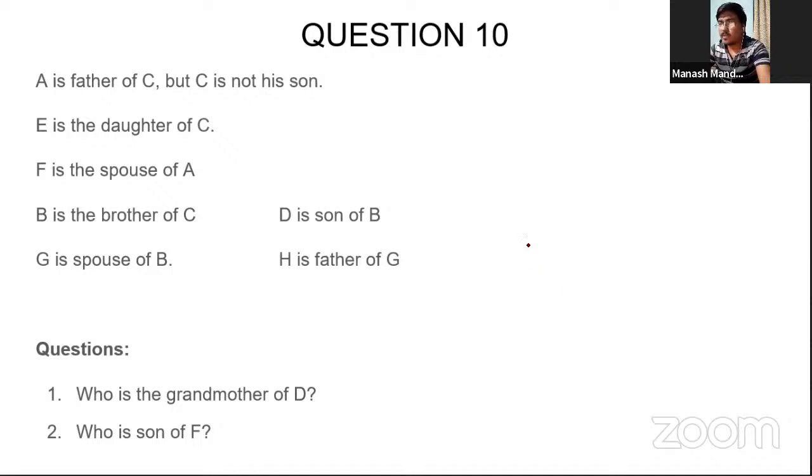Okay, so could anyone solve this question, or is in the process of solving this question? If you have practiced the puzzle questions enough, then this will be very easy for you to solve.